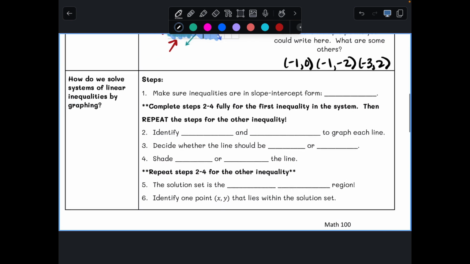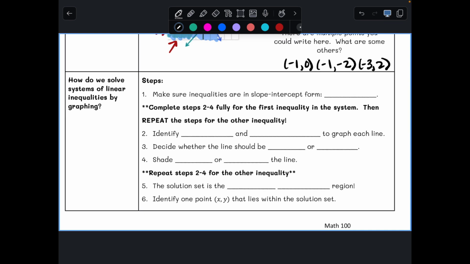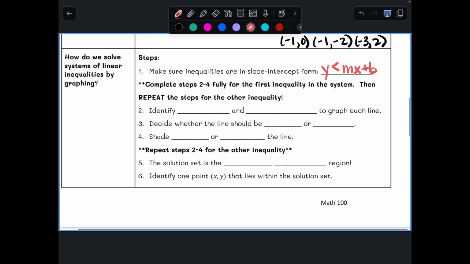So here are the steps to solving. Make sure the inequalities are in slope-intercept form. Remember, that's y, well, I guess it would have an inequality, mx plus b. So remember, that inequality symbol can change depending on the inequality that you're given, but it's y equals mx plus b with an inequality symbol. So you're going to complete steps 2 through 4 fully for the first inequality, and then you're going to repeat for the other.